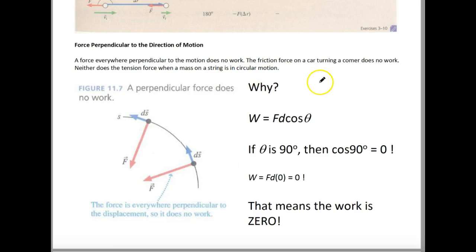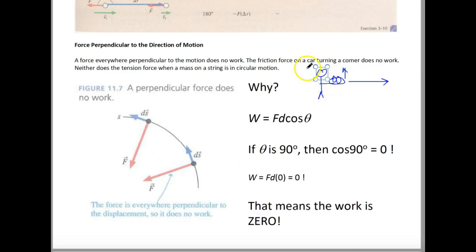Same thing if you are a waiter or a waitress carrying around a plate of dishes. When you move in this direction, your force is at a 90-degree angle. So as you work during the day, if you're just carrying a load of dishes, you're doing no work on the dishes.